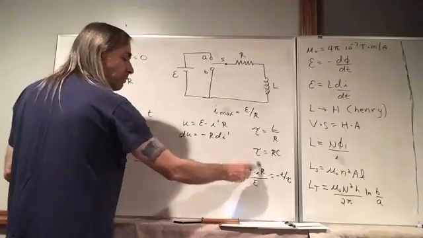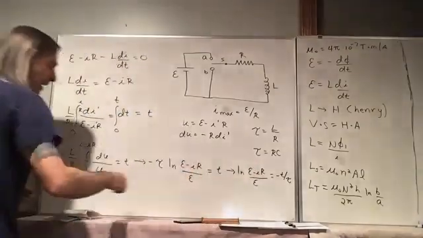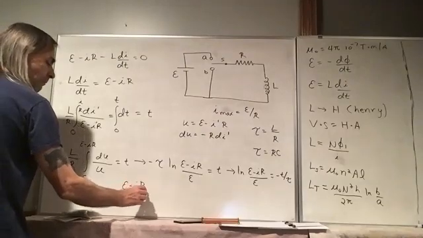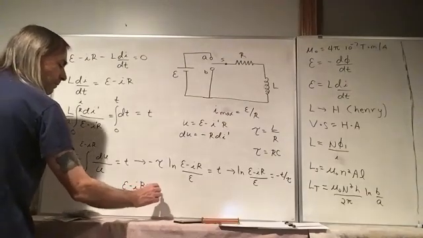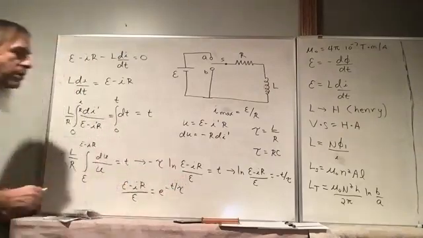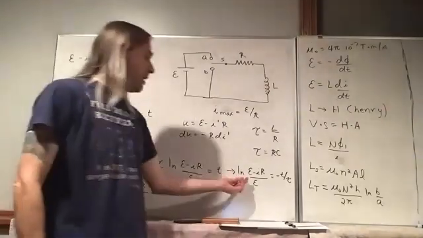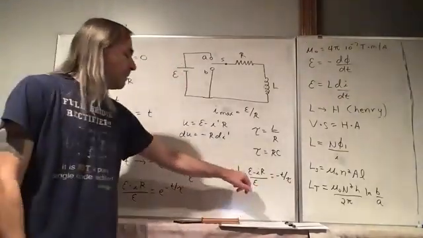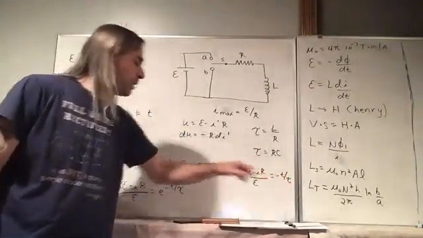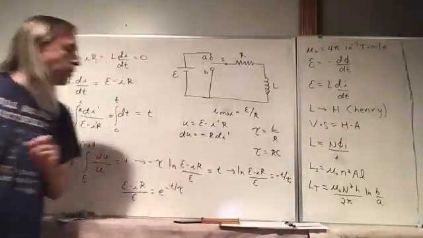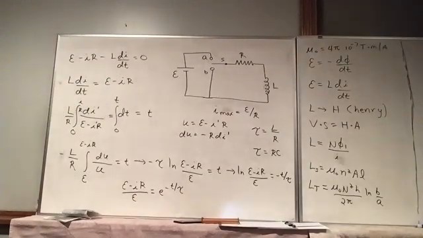So this epsilon minus IR over epsilon is e to the minus t over tau. So, we have natural log of something equals something else. That means e to this power equals that. So e to the minus t over tau equals what's in the logarithm.